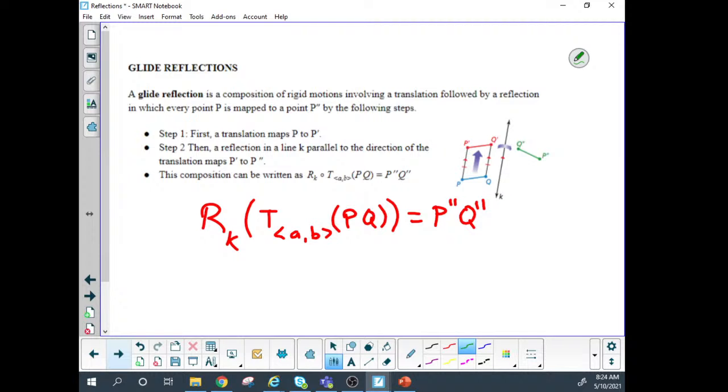Yeah, in this case, PQ's the blue line, sliding it up and then flipping it. We'd end up with the same thing if we flipped it and then slid it in the same direction, right? So the glide reflection is nice because it doesn't matter which one you do first. Awesome. Good thinking.